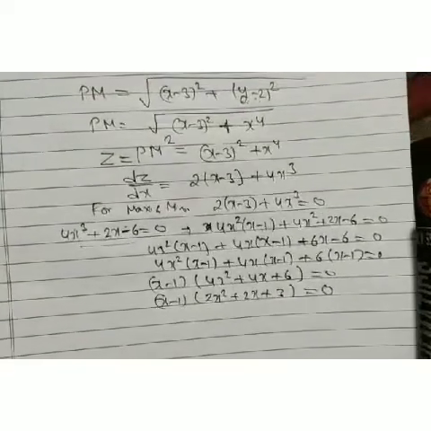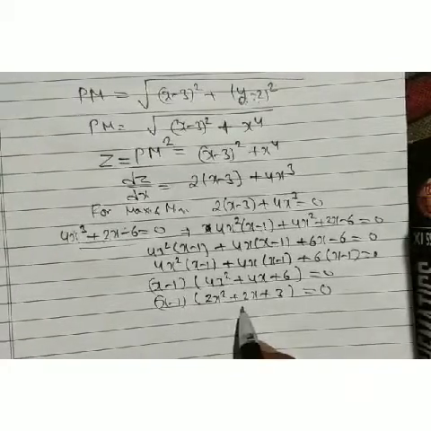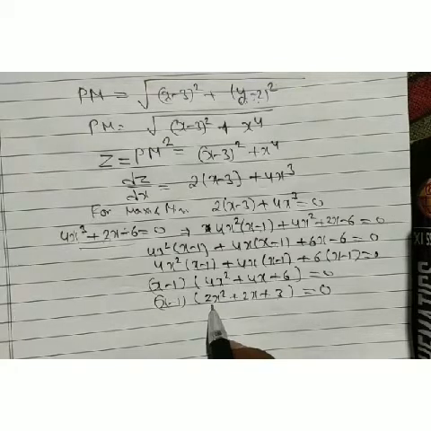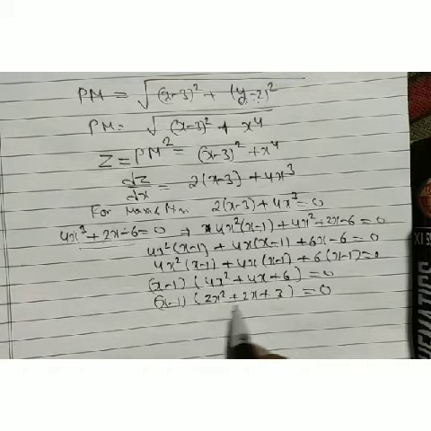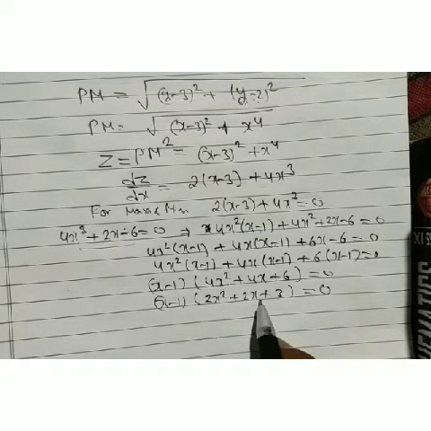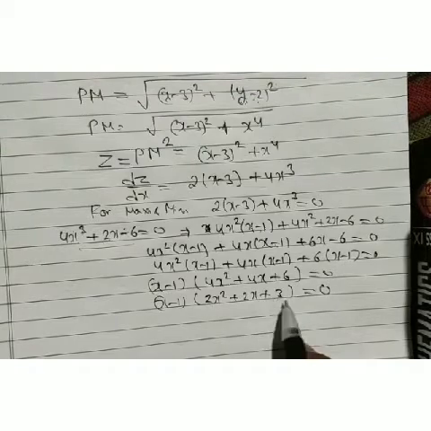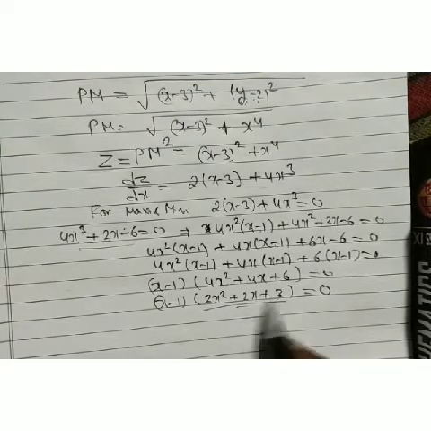This is our factorization. It can also be factorized using factors of 6 whose sum is 2 there. I think we cannot get real values of these roots.